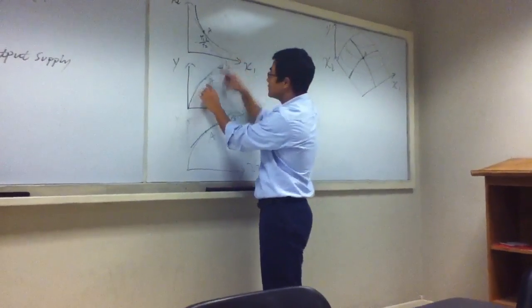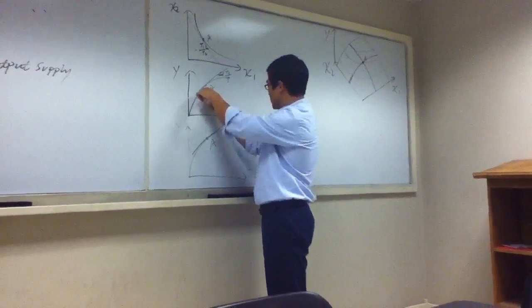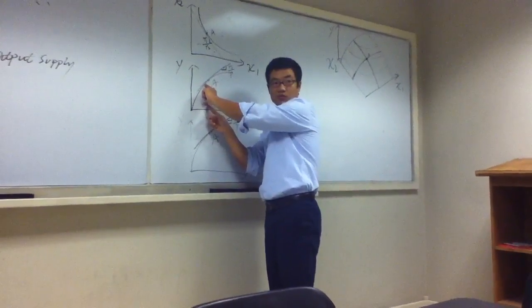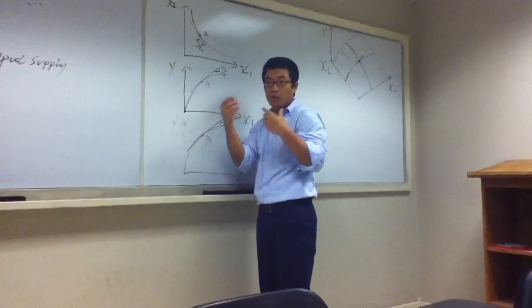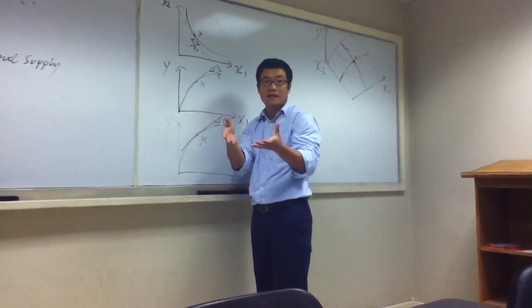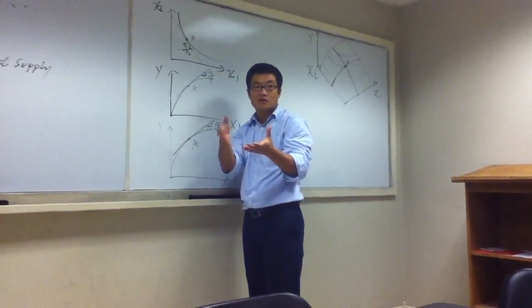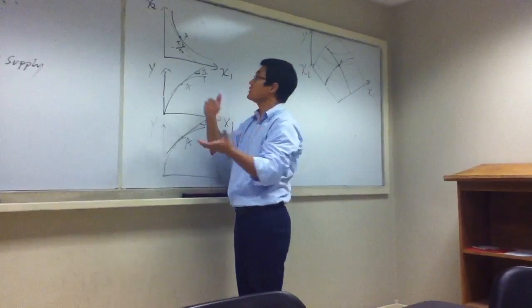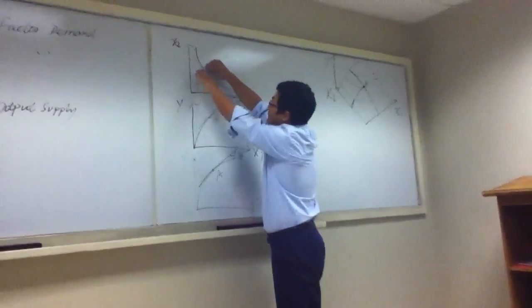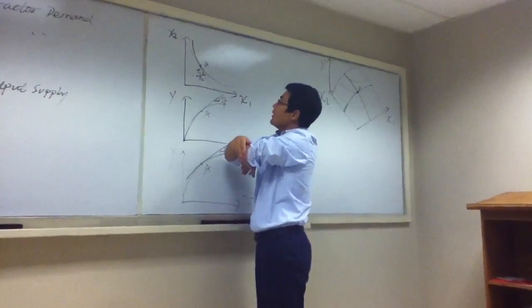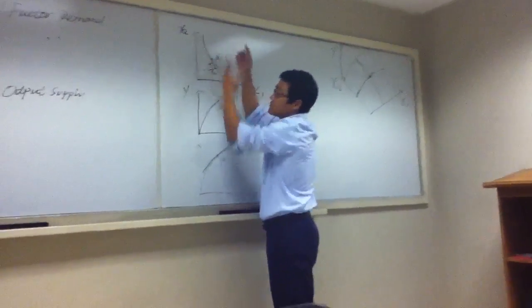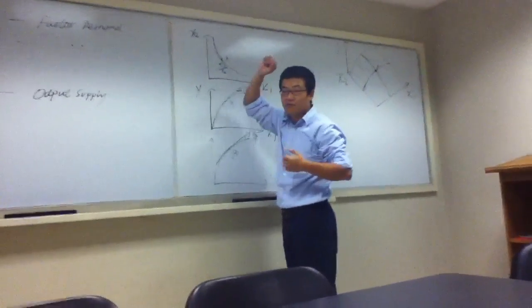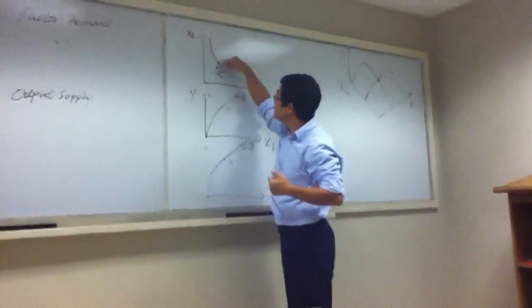So you will see y will decrease, x1 reduced. Because the factor becomes more expensive, of course you're going to use less of that factor. So output is brought down because you use less of that factor. And because the price goes up, you're going to use less of x1, but more of x2. So move this way.